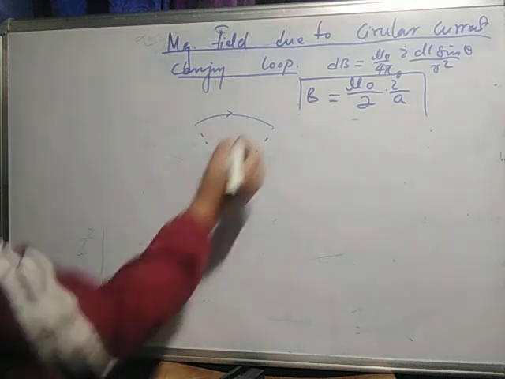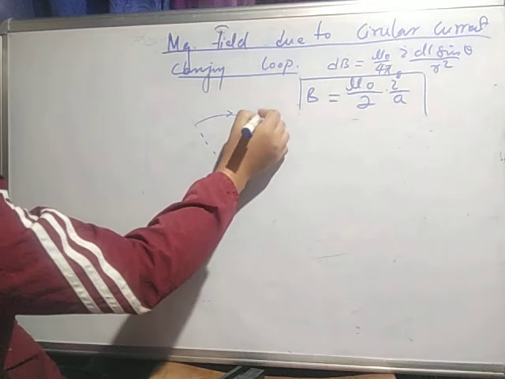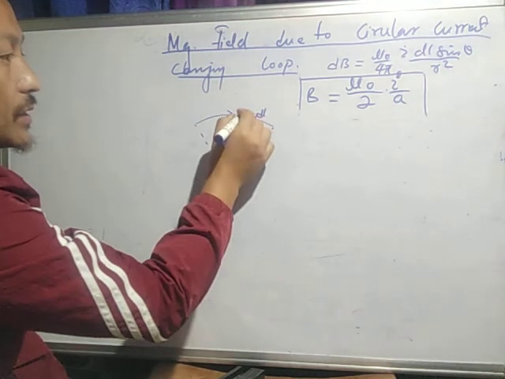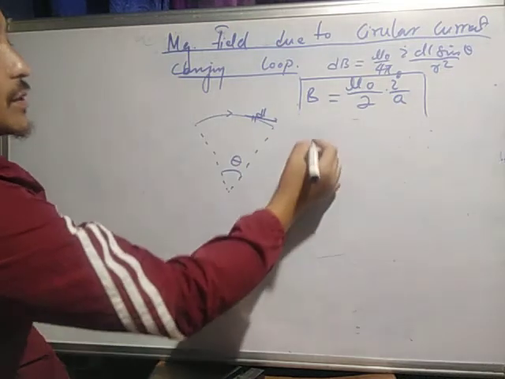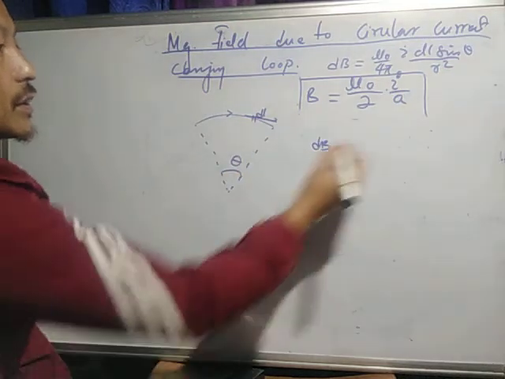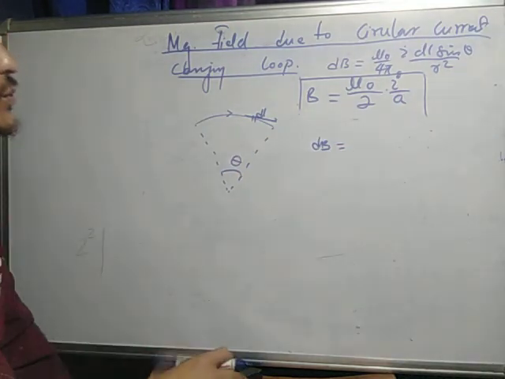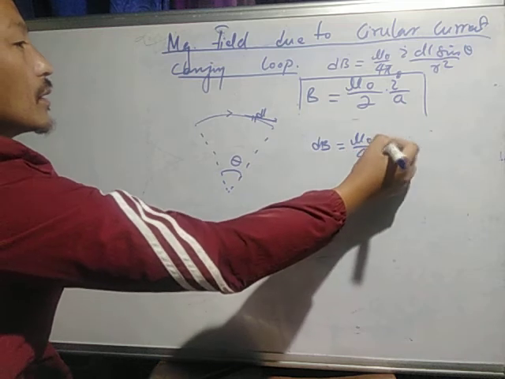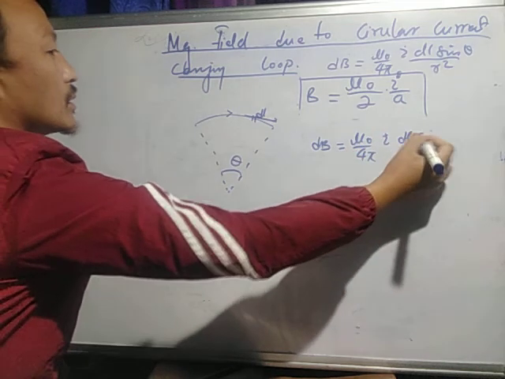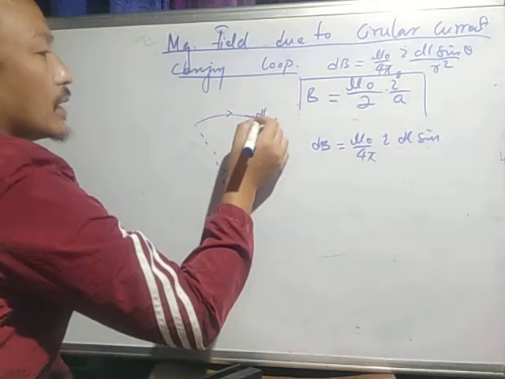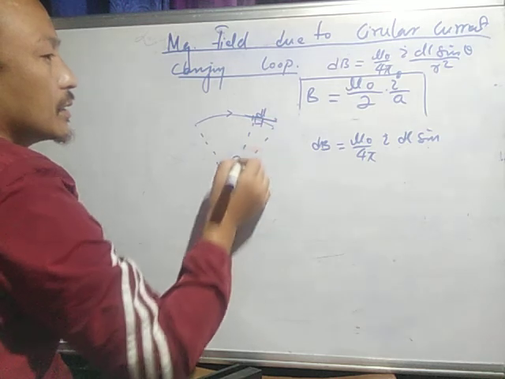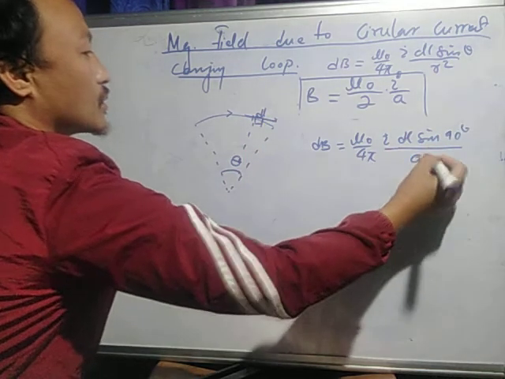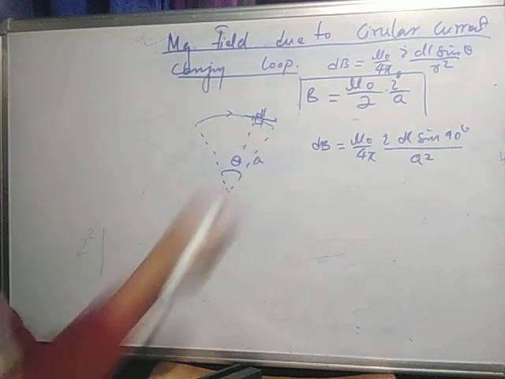What you'll do, just take dl. Okay, same method, take dl. The angle here is again 90 degrees, isn't it? So dB equals to how much? dB equals mu naught by 4 pi I dl sine 90, again 90, isn't it? This is your 90 degree. So sine 90 degree divided by a square, if I take radius as a.